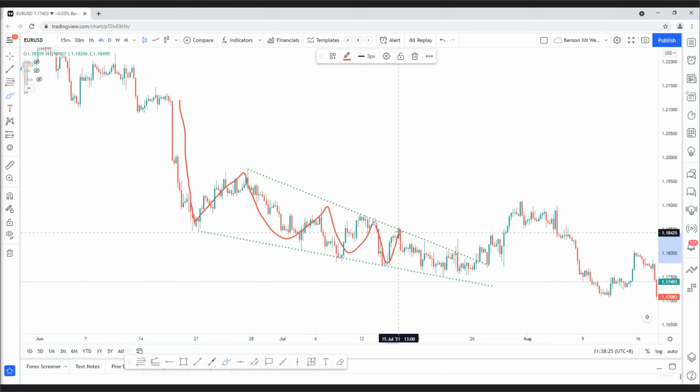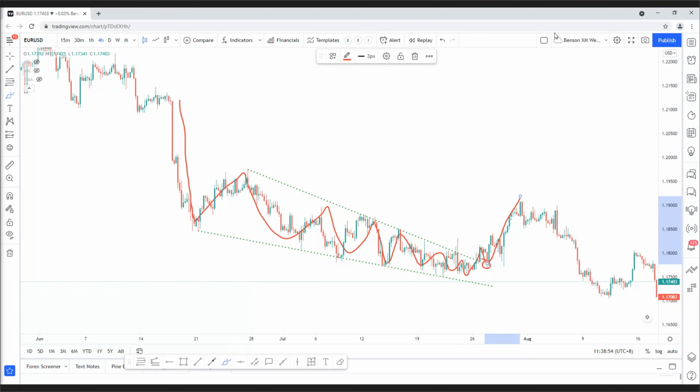This continued for quite some time, all the way from 18 June to around 26 July. So it's almost 1 month of consolidation before it breaks out, comes back to retest, then continues higher.